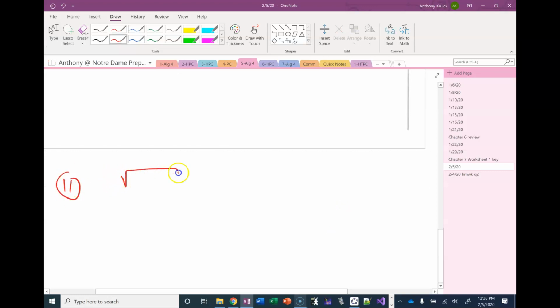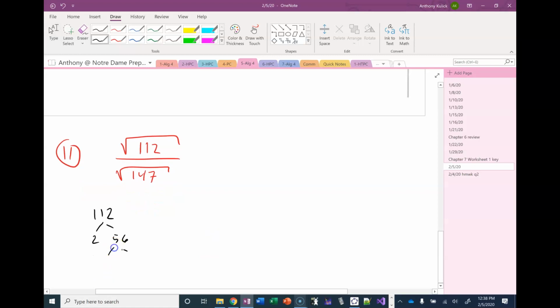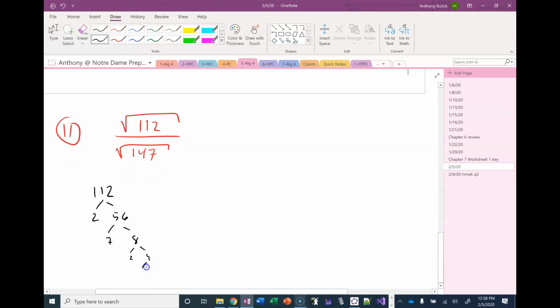So 11 is the square root of 112 over the square root of 147. The first thing I'm going to do is a prime factorization. For 112, that's 2 and 56, which is 7 and 8, and 8 is 2 and 4, and 4 is 2 and 2.